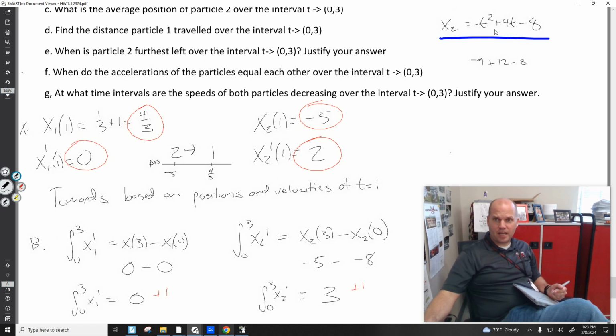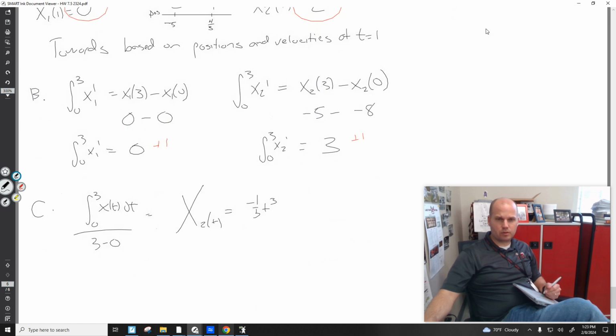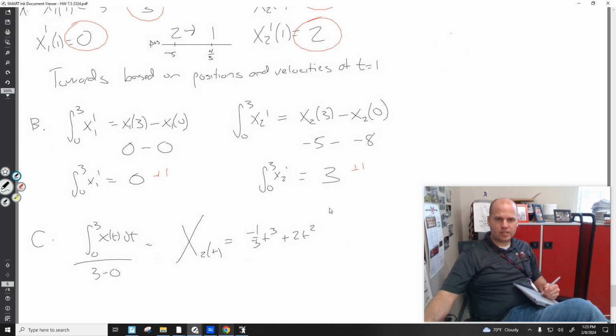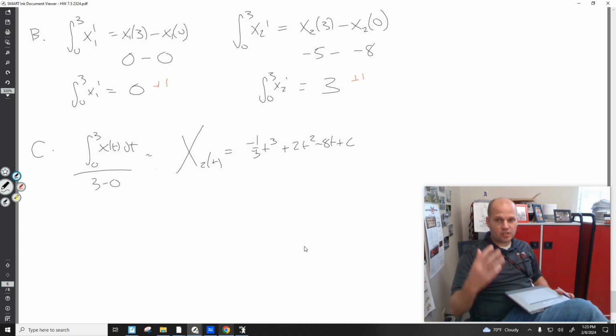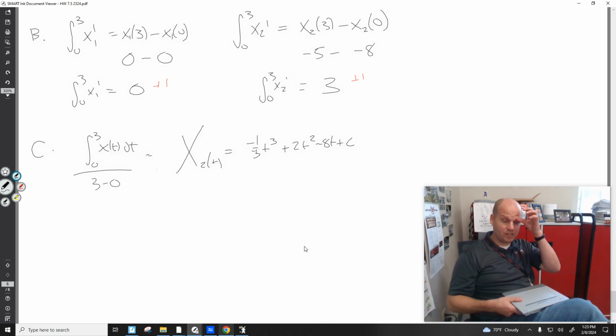What am I doing? I'm taking the antiderivative of regular x. Negative 1/3 t cubed plus 2t squared minus 8t plus a C. This is where I can't find C, but it's okay.